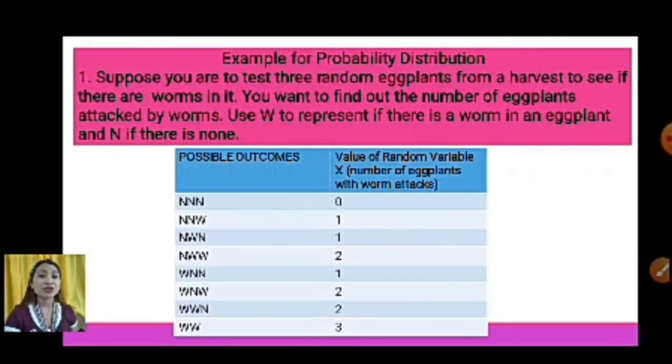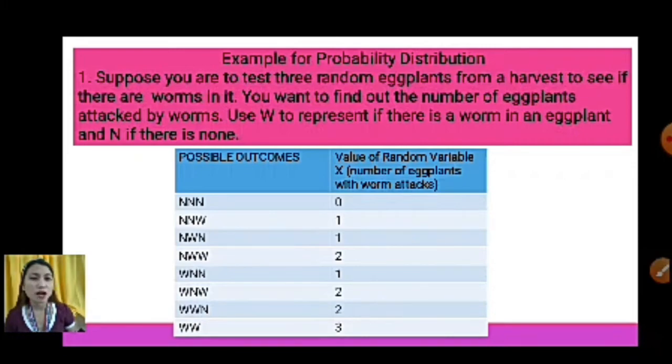Are you confused? We have a 3-letter representation for possible outcomes because we need to test 3 random eggplants. If that 3 becomes 4, then we have 4 letters in each outcome. Since it is 3, it is just NNN.